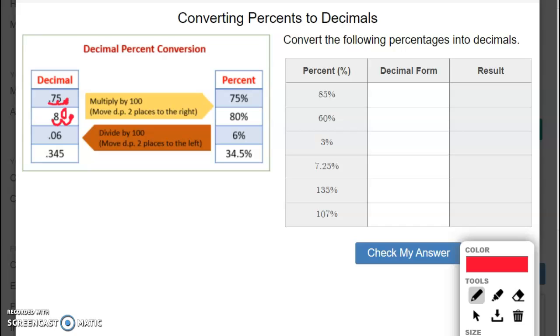Now going the other direction, to go from 6% to decimal, you're going to move the decimal place this time to the left by 2 places. This is my new decimal place, and whenever there is a space without a number, you put in a 0, so it's 0.06, the decimal representation of 6%.